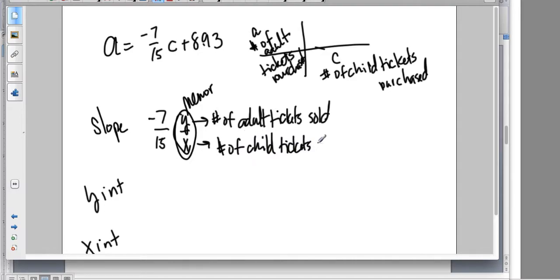Now, when you're interpreting the slope, I suggest that you put a sign here. So what this means is that you can decrease the number of adult tickets that you buy by 7 tickets. You could increase the number of child tickets that you buy by 15. So, for example, for every 7 adult tickets you do not have to buy, you could buy 15 more child tickets.